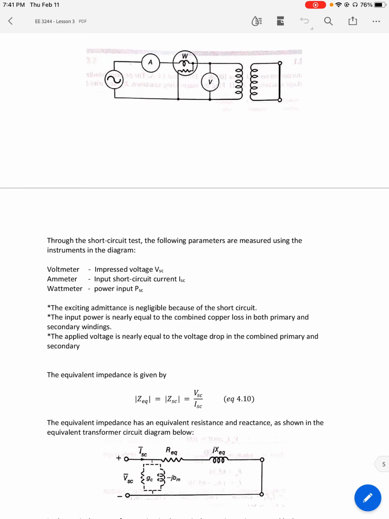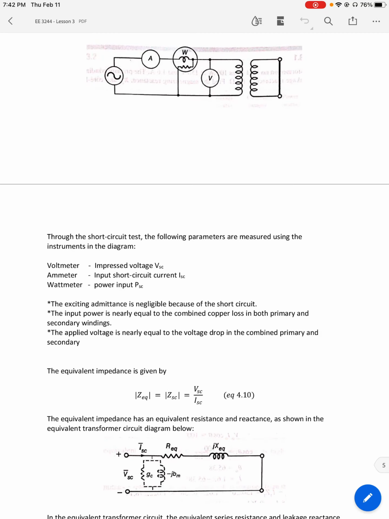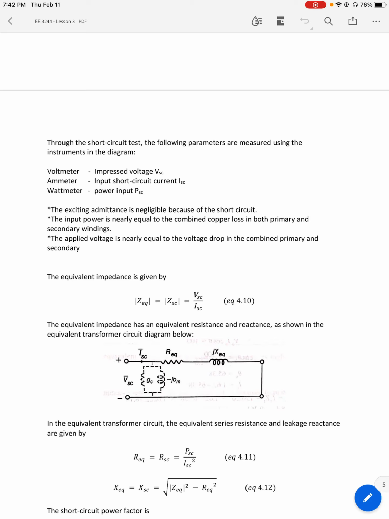And then the equivalent impedance is given by dividing the short circuit voltage or the impressed voltage by the short circuit current ISC as shown in equation 4.10. Tapos makita nato dari sa diagram below nga negligible ang magnetizing circuit or kaning exciting admittance, ang GC o BM. And in the equivalent transformer circuit, the equivalent series resistance and leakage reactance are given by equation 4.11 and 4.12.